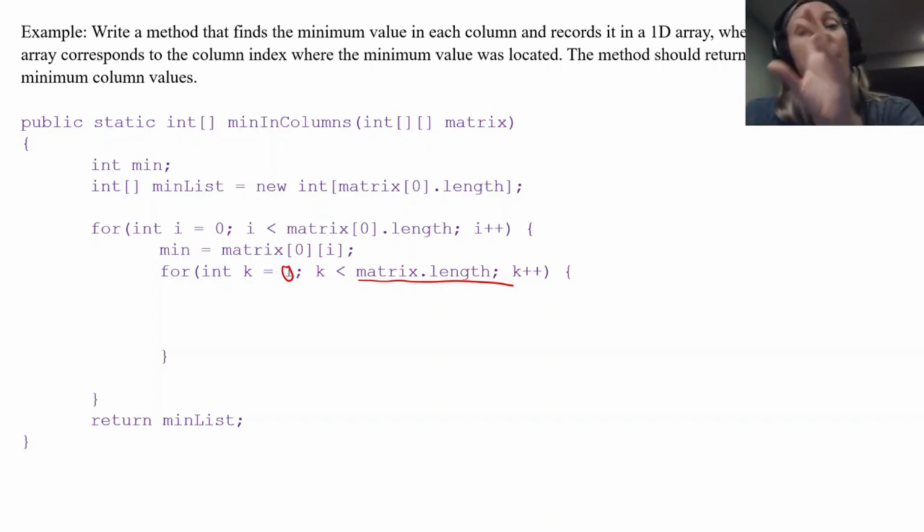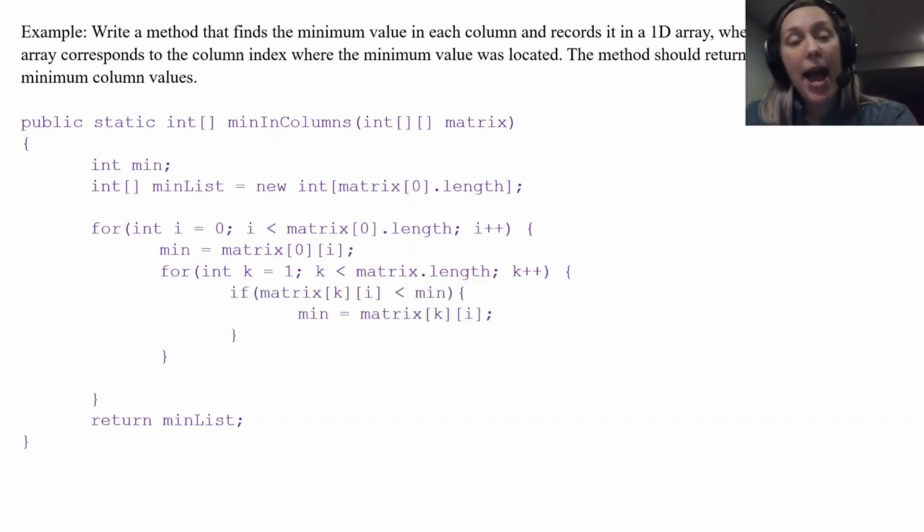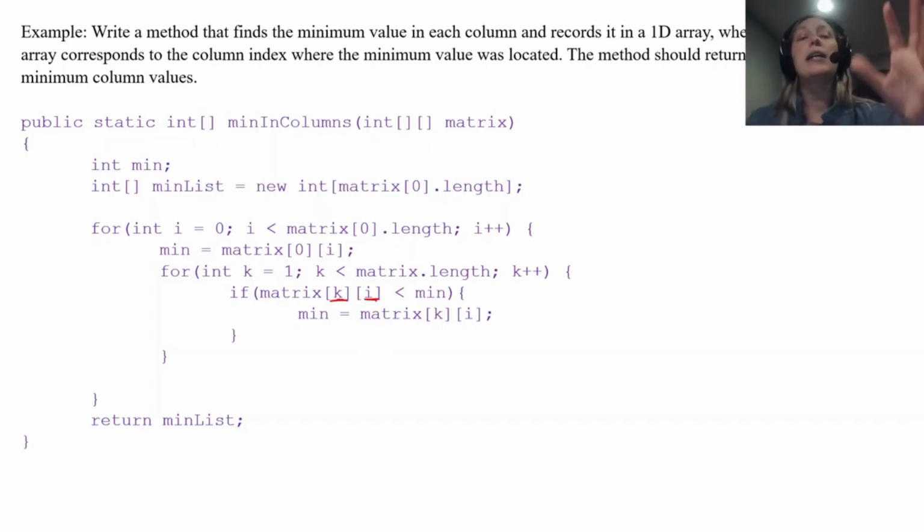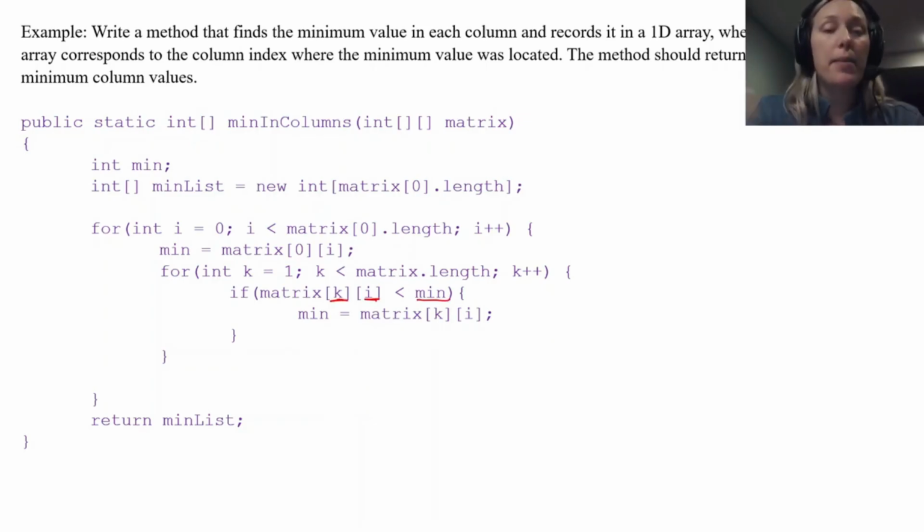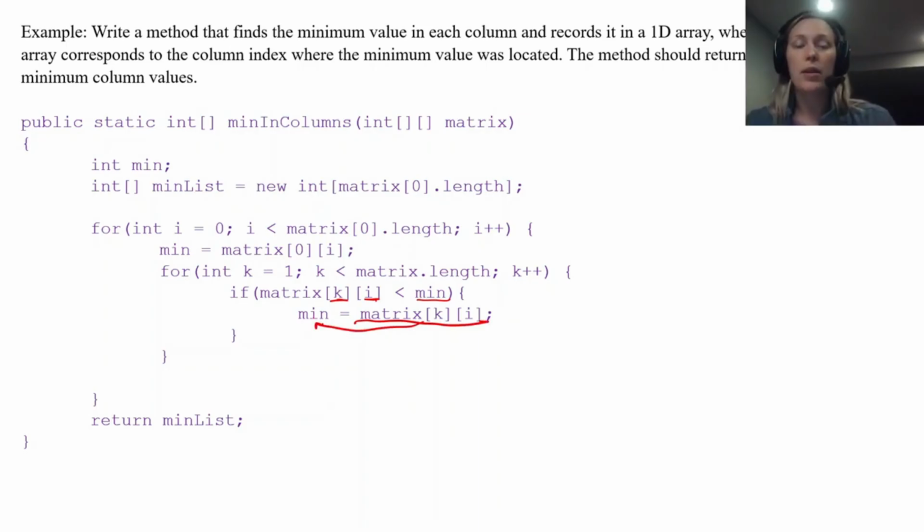And then I'm going to compare the element that I'm at, which is k as my row, i as my column, and compare it to the minimum. If it's less than the minimum, that means I've found a new minimum. So I take my current element and I assign it to my minimum. So I'm looking through the column, and this finds and records my minimum.